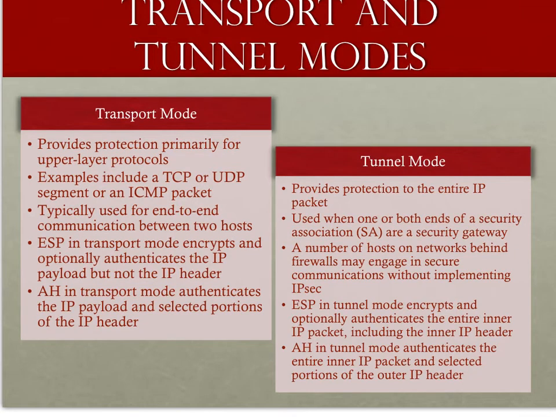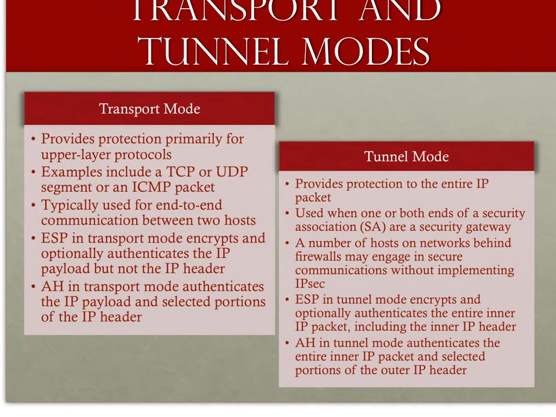In the case of tunnel mode, on the other side, the tunnel mode hides the original IP for the sender and the destination, and it adds an outer IP header. The outer IP header will be for the entry firewall and the exit firewall of the tunnel.